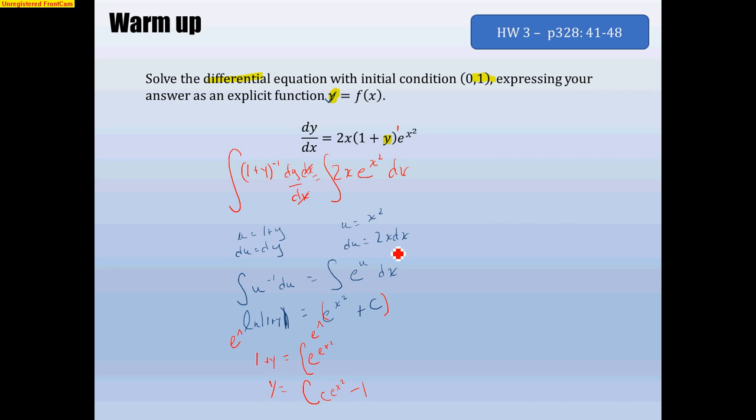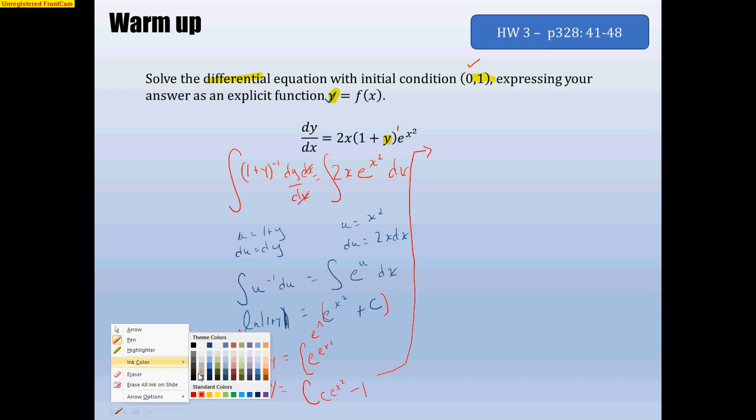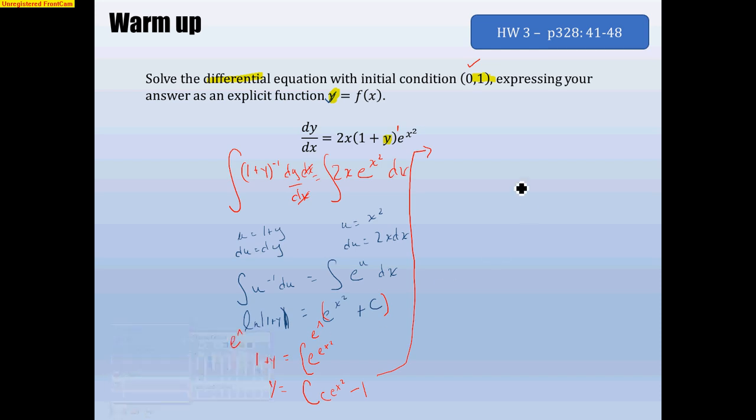Now I'll take care of my initial condition part. So I'm going to plug up here. I'm going to plug 1 in for y and 0 in for x.